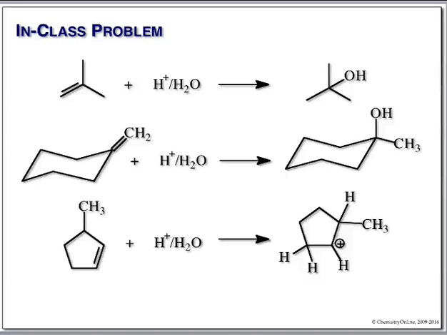Now remember how I said molecules were so nicely cooperative? Well, this guy looks at this and says, well, wait a minute. I'm a tertiary center. This is a secondary center. We would all be so much better off, so much more stable if the carbocation was here.